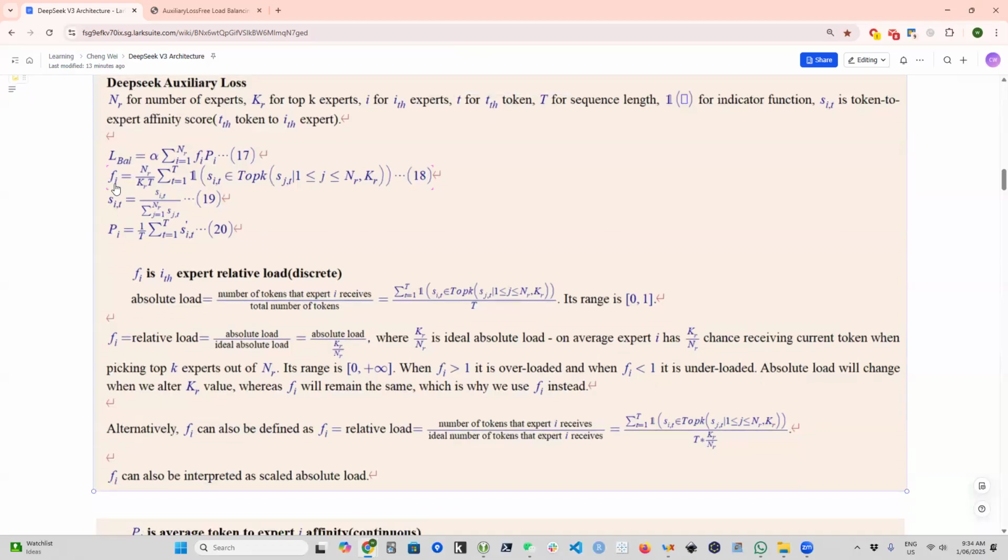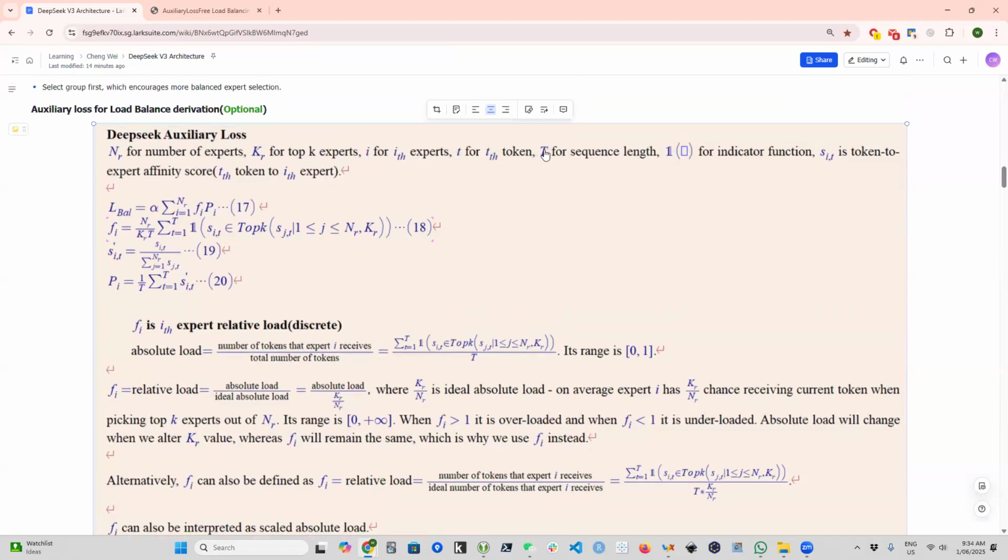So this one, f_i. So f_i is the expert relative node. Let's see. If we define an absolute node, the absolute node means the number of tokens expert i received over the total number of tokens. So out of T tokens, how many tokens does expert i receive?